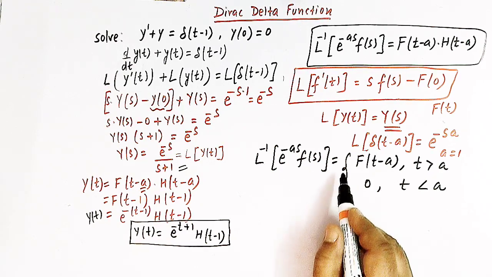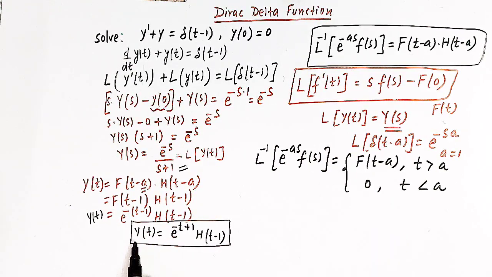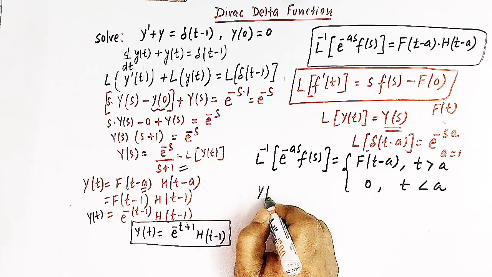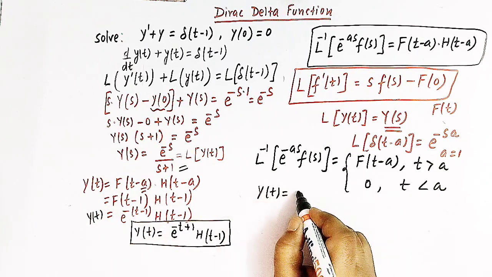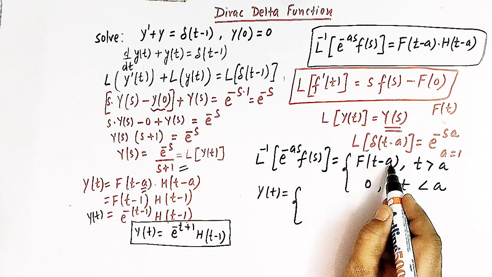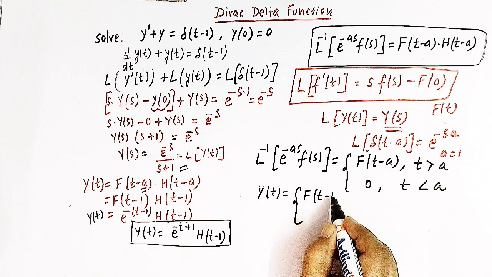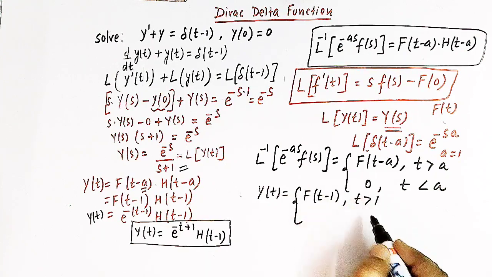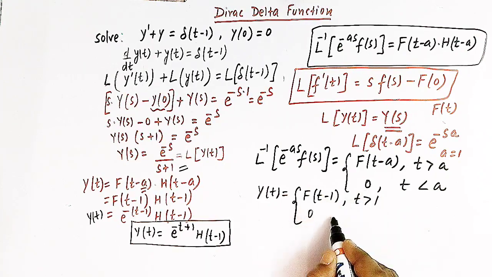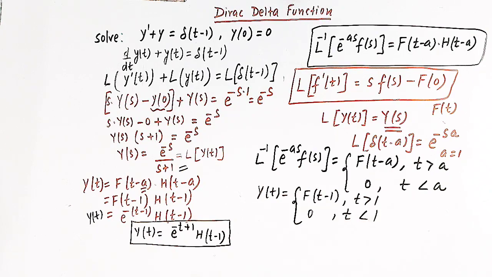So using this form, we can also express our solution as y of t equal to f of t minus a, that is f of t minus 1 for t greater than 1 and 0 for t less than 1.